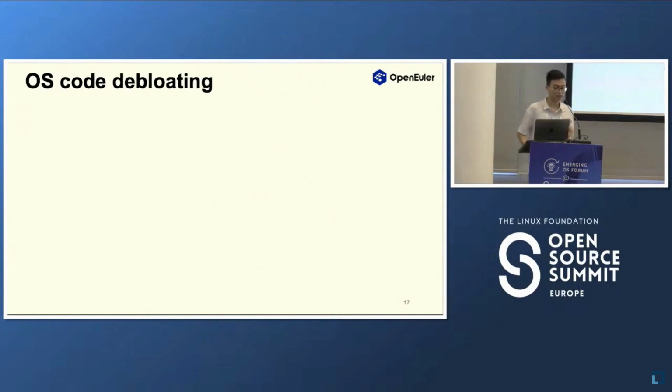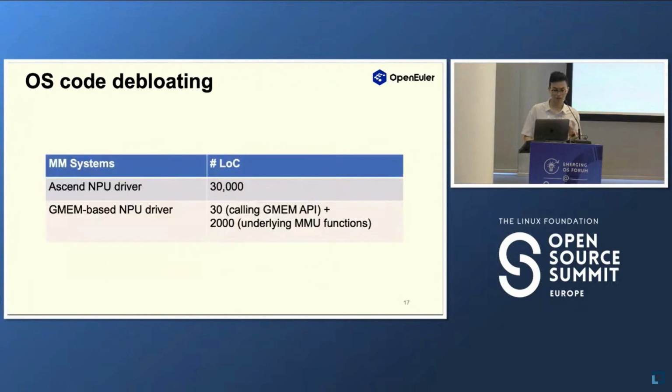We also did a test on the operating system code bloating. We tested this on Huawei's AI accelerator, which is named Ascend NPU. The first row basically shows that currently there are 30,000 lines of code in the NPU driver, simply for the memory management part. When it is developed on a GMEM system, it only takes about 30 lines of code to call the GMEM API.